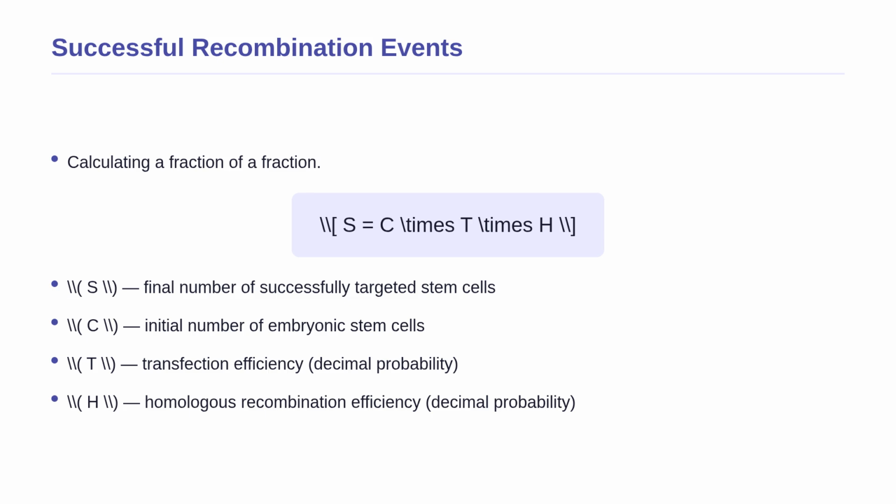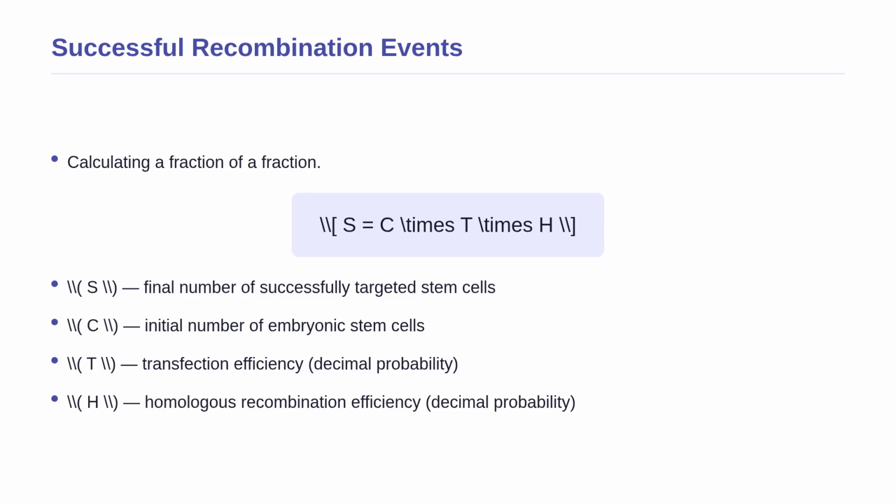C is the initial number of embryonic stem cells used in the experiment. T is the decimal probability, or efficiency, that a cell successfully takes up the DNA vector. Finally, H is the decimal probability that the DNA correctly recombines with the target gene.